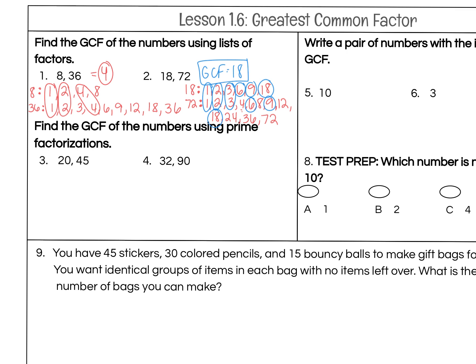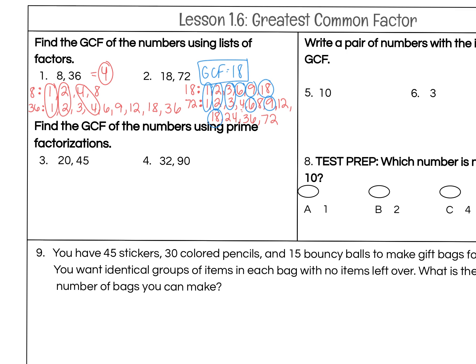Okay, on the next one, let's try these with the prime factorization. This is just like the second example that then took it a step further with the Venn diagrams, but we're going to stop just with the prime factorization. So we're going to do a prime factor tree for 20 and 45. If you like upside down division, you can do that. And then we're going to use those prime numbers to figure out what my GCF is.